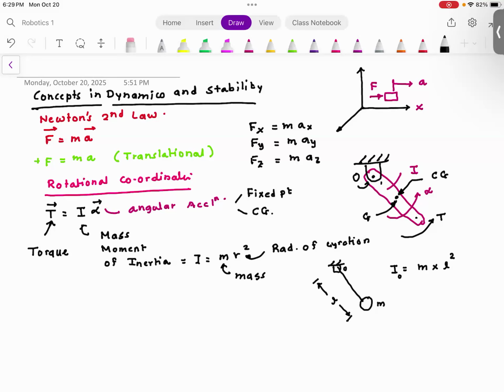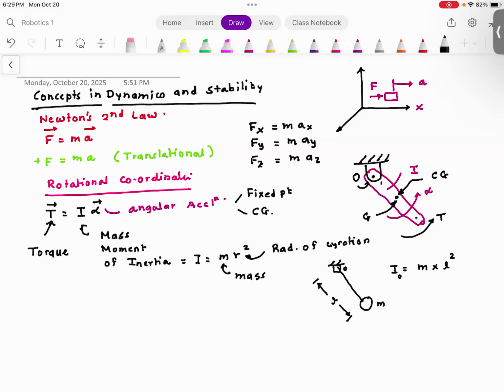You agree with me? Now, if you have a pendulum, or a robot, with the payload significantly higher, then clearly the moment of inertia for that robot will be significantly large.